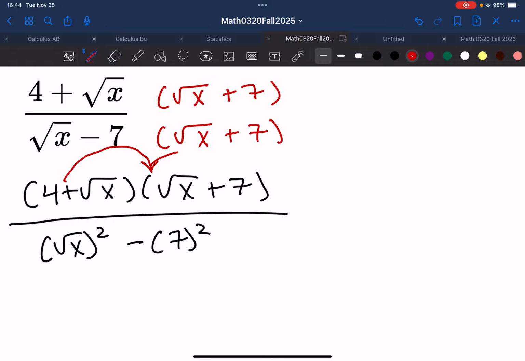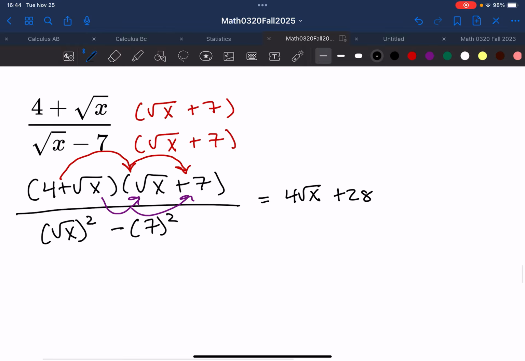So I'm going to distribute the 4, and then I'm going to distribute the square root of x. So I get 4 times the square root of x, and then 4 times 7, so 28. And then I get the square root of x times the square root of x, so that's the square root of x squared. And then the square root of x times 7, so plus 7 square roots of x.